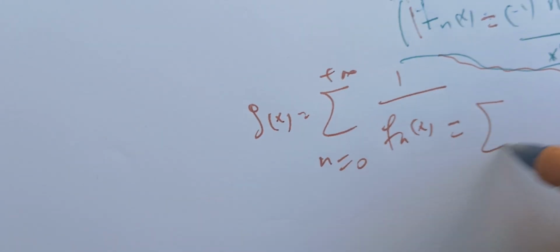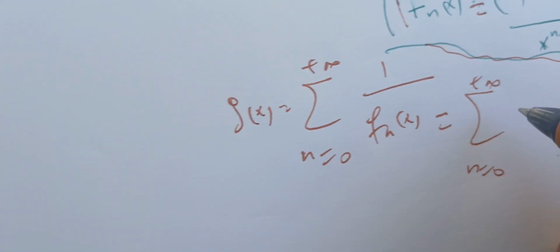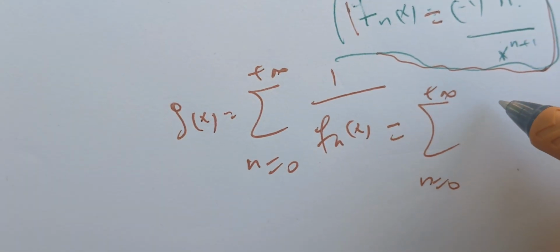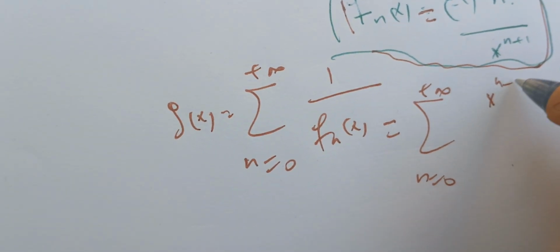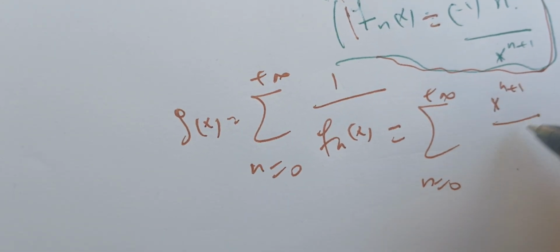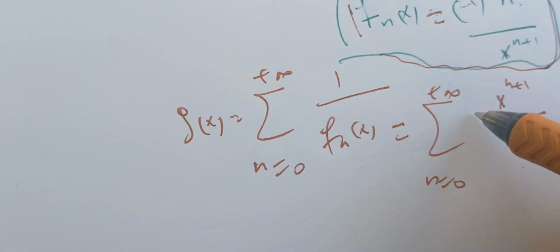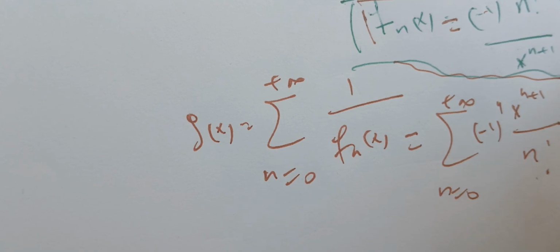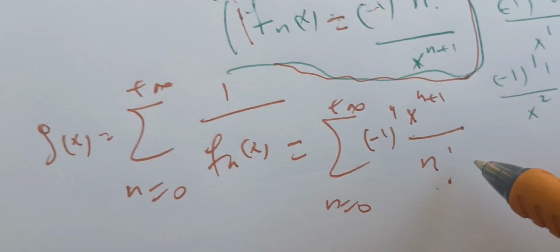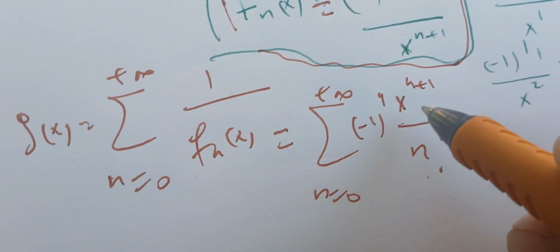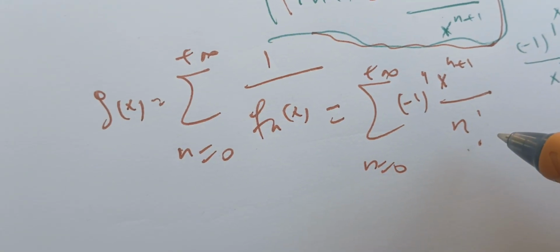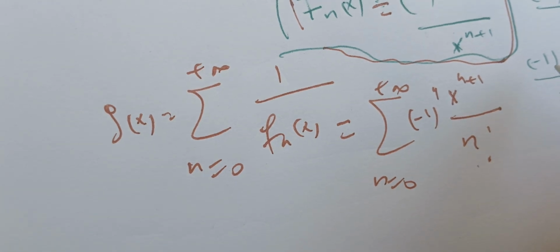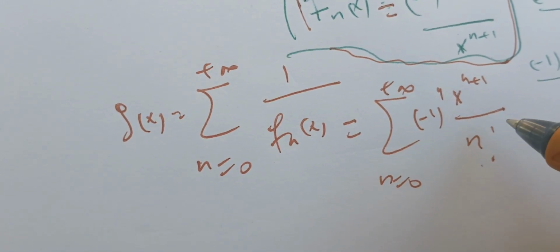This will give me the sum n going from 0 to infinity of this one here. So when I'm going to flip, I'm going to get x to the power n plus 1 over n factorial, and minus 1 is going to be itself, because minus 1 to the power n is itself when you flip it. Okay, so now I have my g here. Okay, and I can see here that I can polish this one a bit.